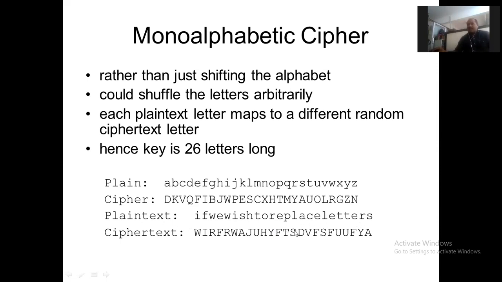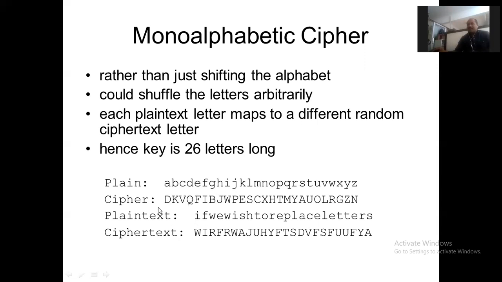Now from this plain text we are going to calculate the cipher text. So how are we going to calculate the cipher text here? Here you can see the plain text letters, and these are the cipher text letters.